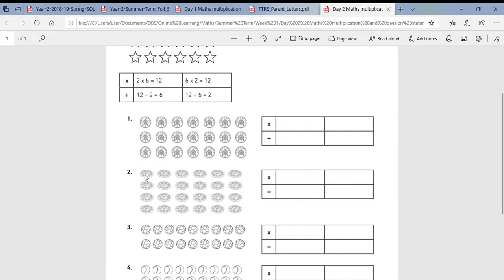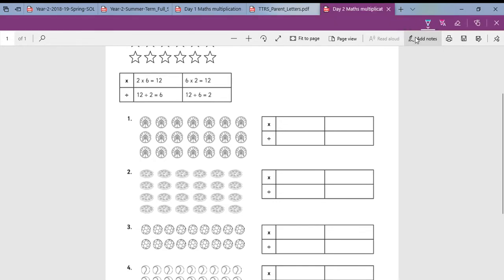Let's just do that again. I had 2, 4, 6, 8, 10, 12, 14, 16, 18, 20, 22, 24. And you can actually circle these if it's easier for you. I can do this using add notes on my computer.